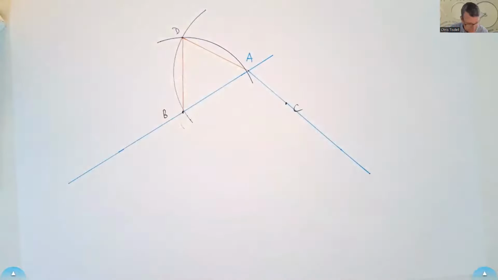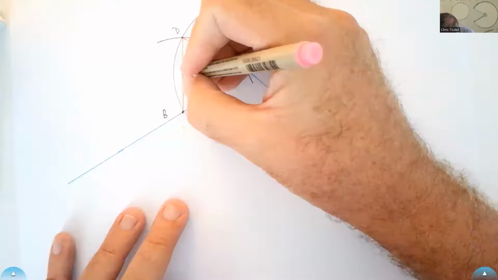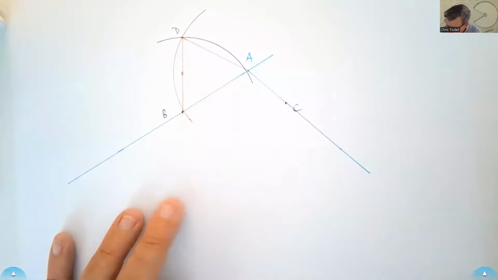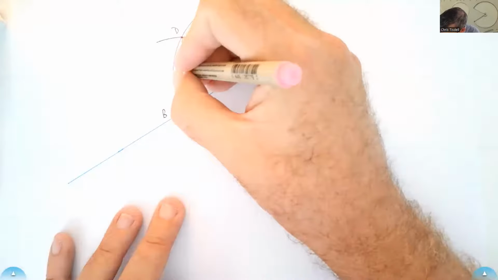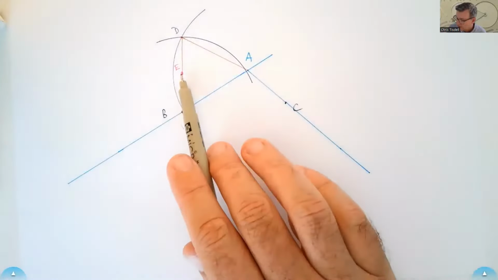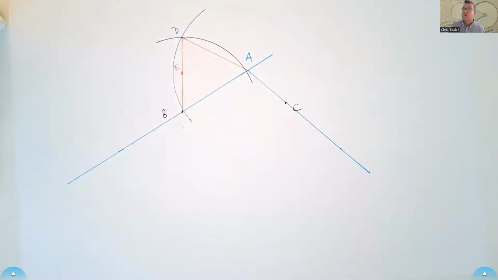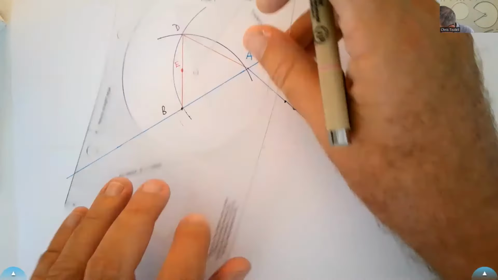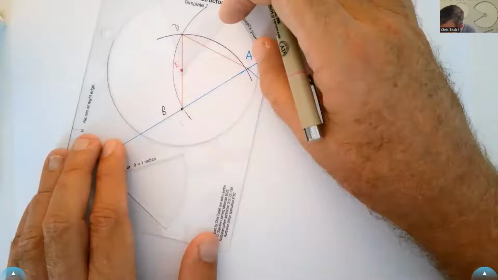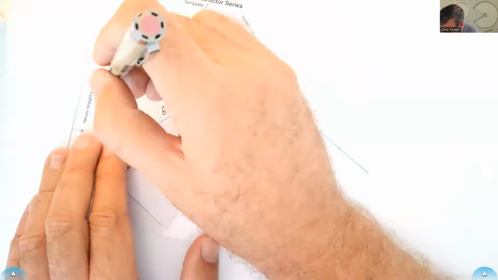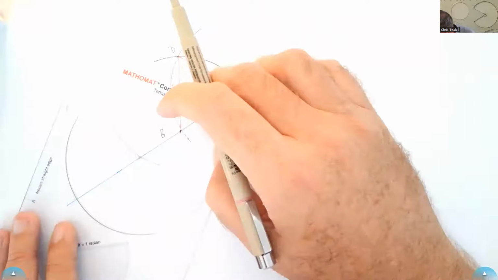So let's do that. I'll choose a point there. Let's say that's E. And I want to construct a line that's parallel to AB through the point E. That's basically constructing a rhombus.